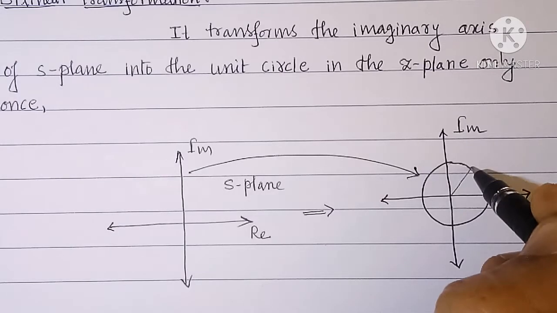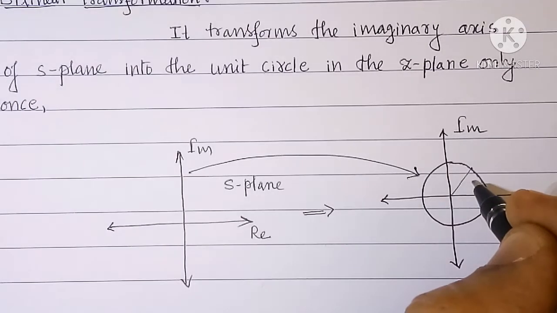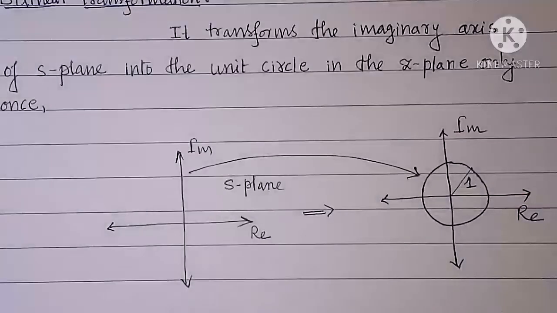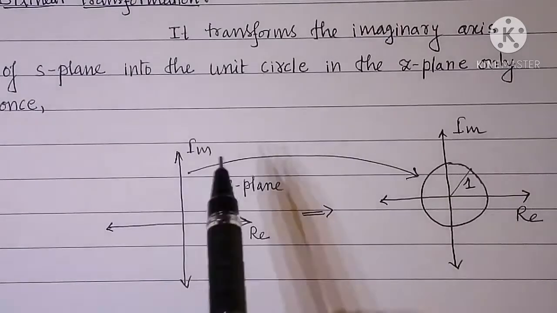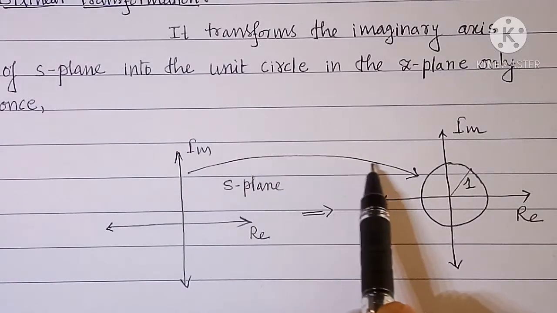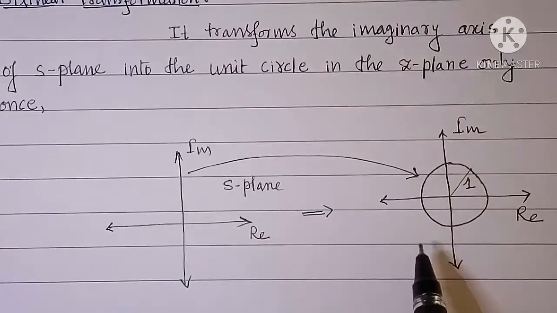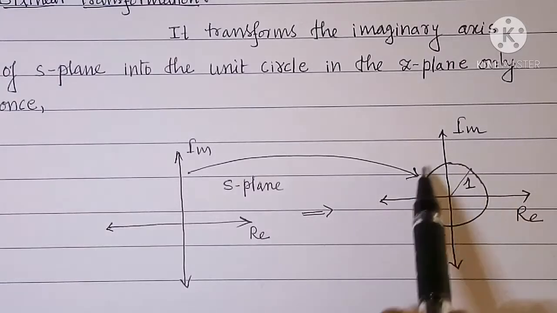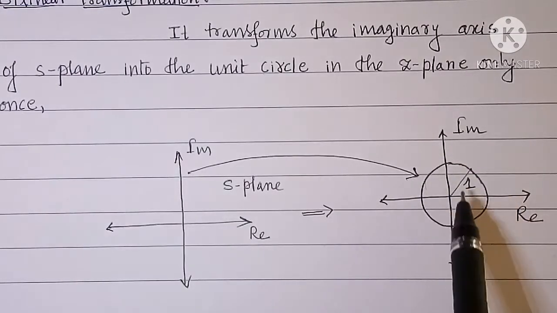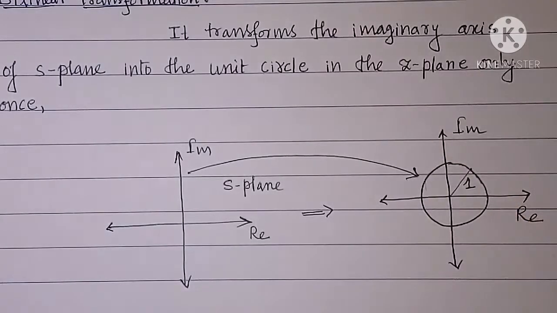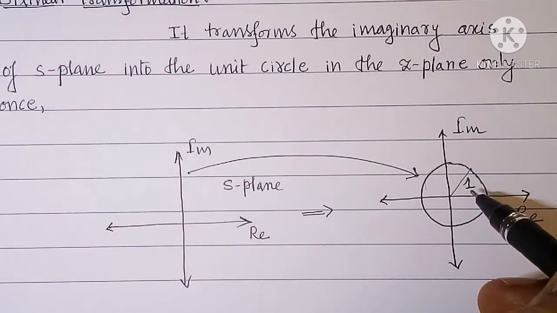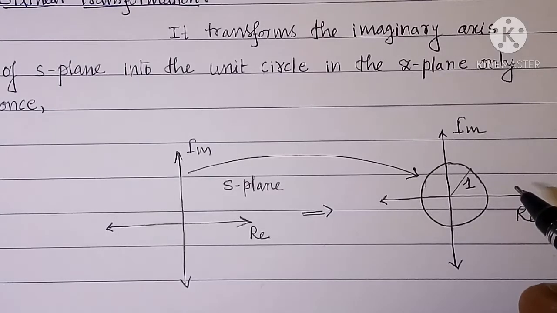The radius of this circle is equal to unity, that is 1. And here, when the imaginary axis is transformed to a unit circle, there will be only one circle, no multiple circles or concentric circles, which avoids the aliasing effect.